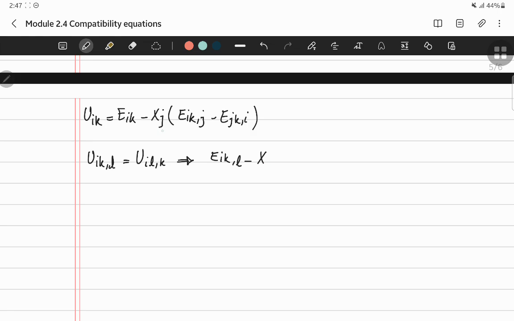If I take the derivative of this with respect to l, because here we have a product of two things, I have x_j with respect to l times e_ikj minus e_jki.